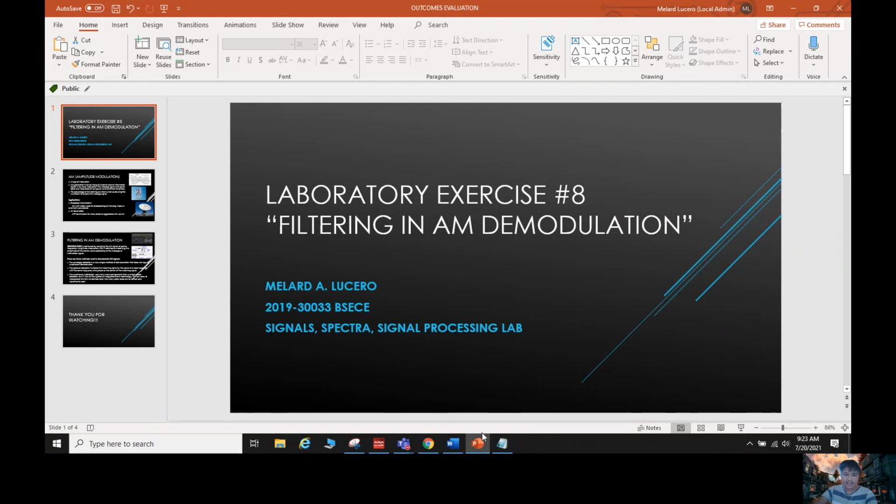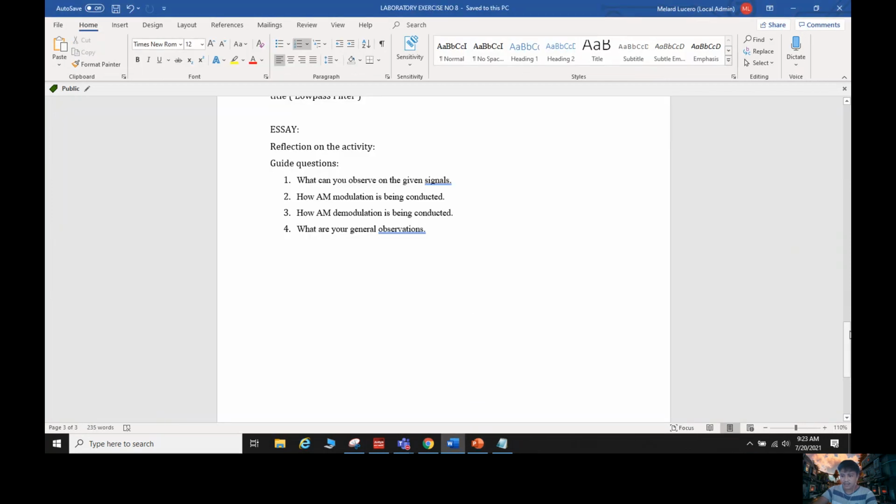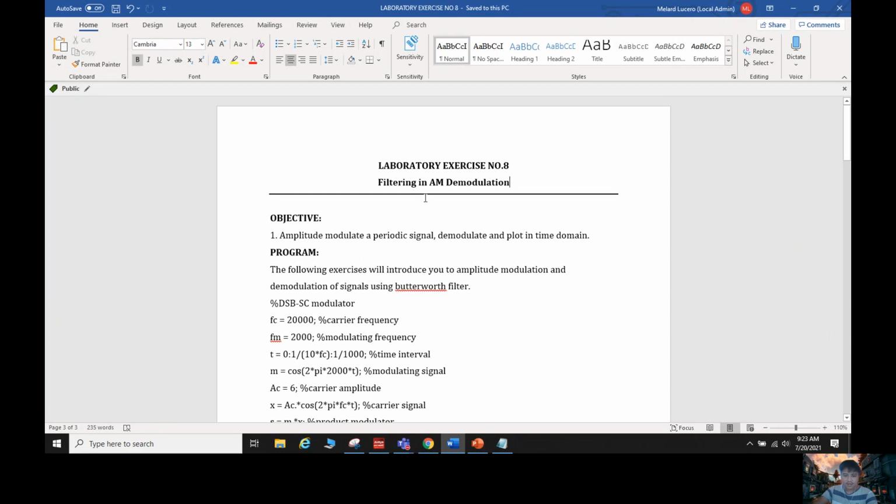Then let us go with the guidelines in doing this laboratory exercise. The objective is, number one, to amplitude modulate a periodic signal, demodulate it and plot it in time domain.